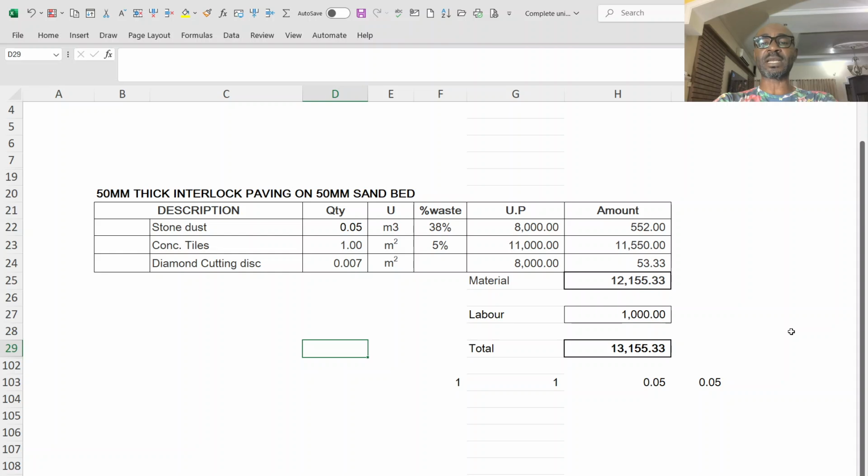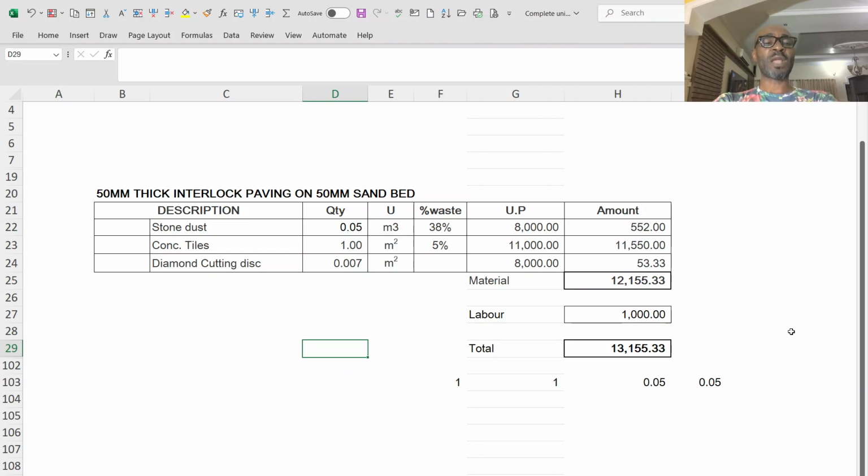The three basic items that make up this unit rate are the sand bed, the interlock paving stone itself, then the consumable, which is basically the diamond discs that you're going to use to cut some of the offcuts that you will meet during the course of laying.